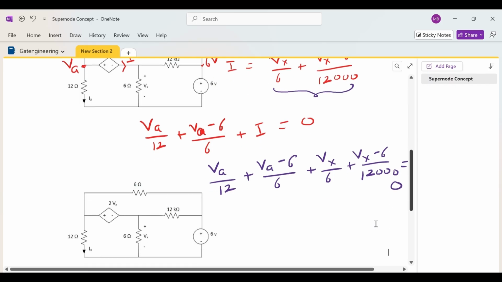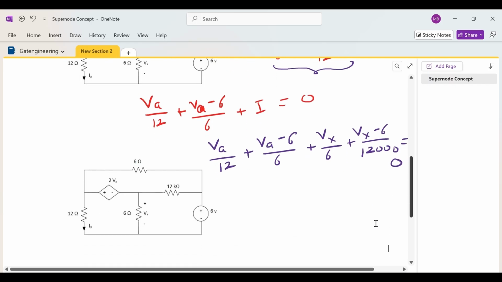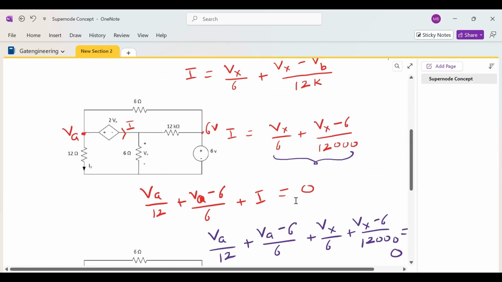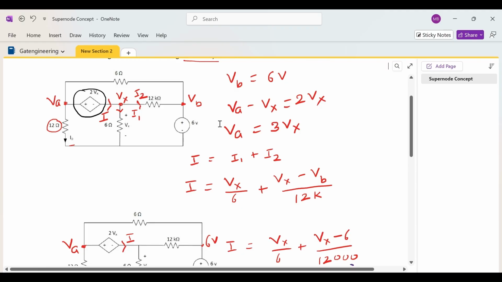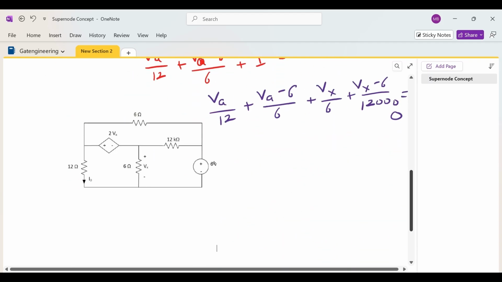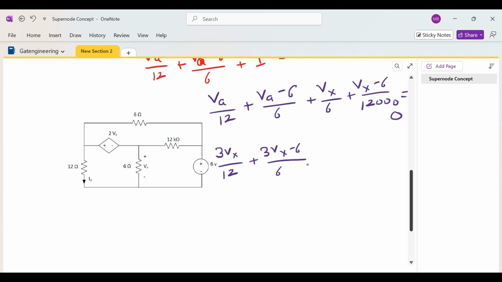Now if we solve this, we have already observed that Va is 3Vx. If we substitute this in the equation, we get 3Vx divided by 12 plus 3Vx minus 6 divided by 6 plus Vx divided by 6 plus Vx minus 6 divided by 12,000 is equal to 0.